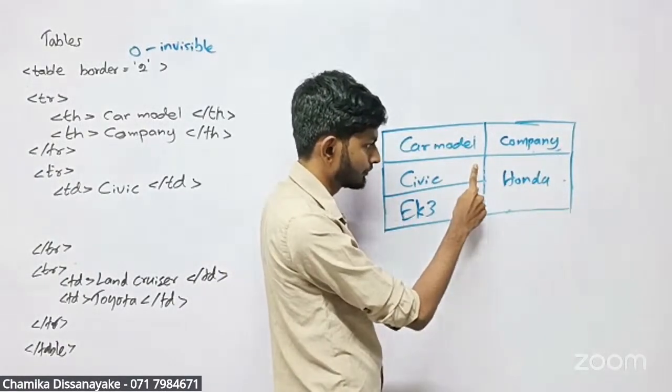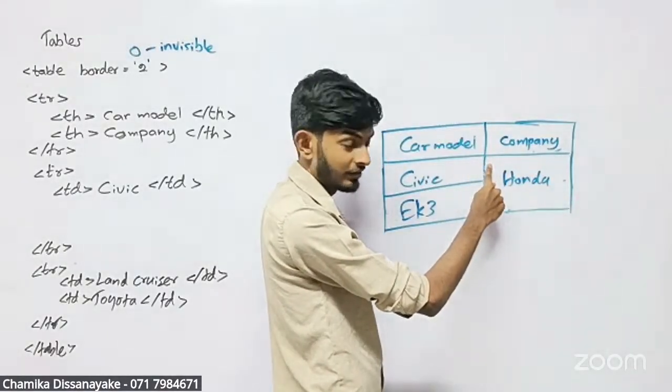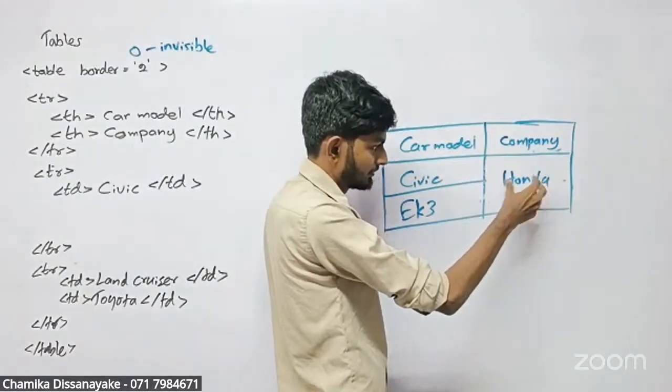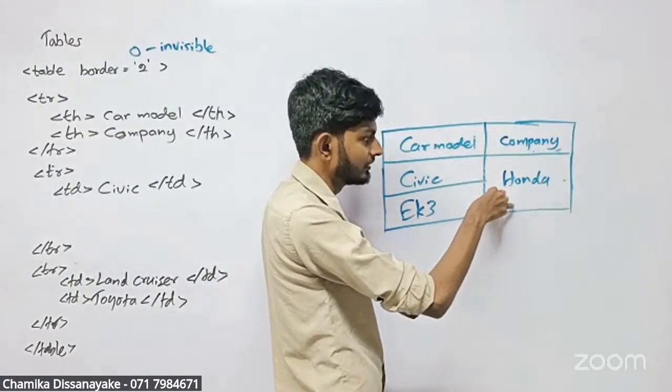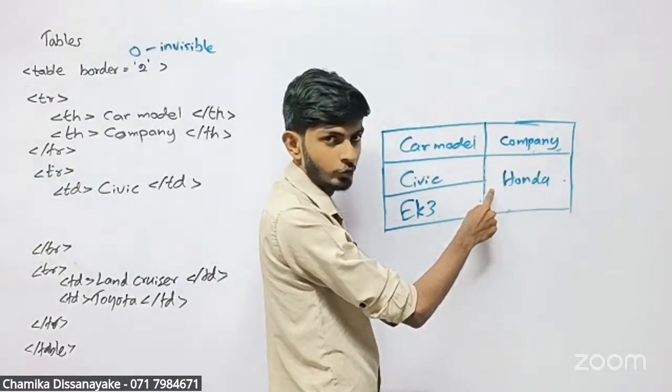Here I have closed the first data. Here I'm going to create the second data, but there is a difference between the others and the second data, which is that it has taken two rows.